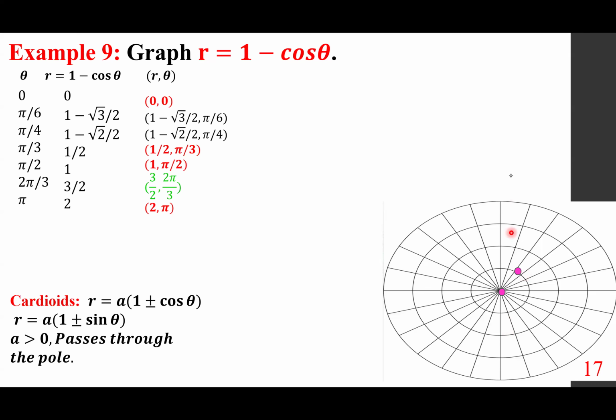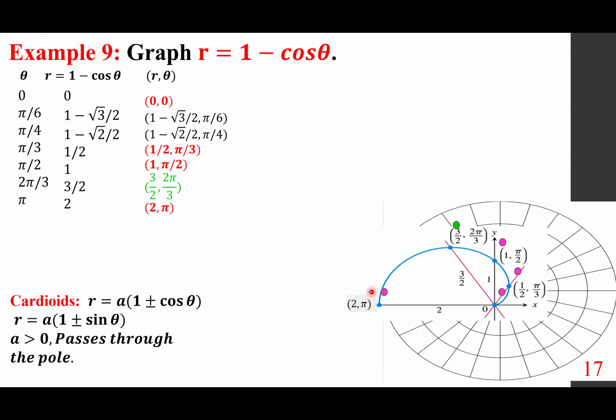So up here, 1 and 2, this is 1. Okay, everybody. And 2, pi. So this is pi, 1, 2, 3, 4, is 2, okay? And this is, by the way, 3/2 and 2 pi over 3. So this is it, looking like that.